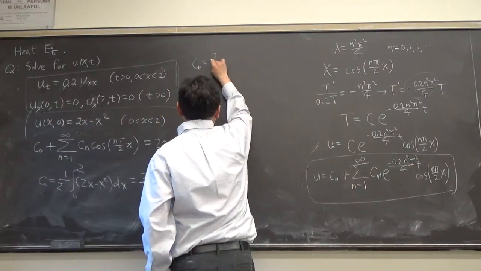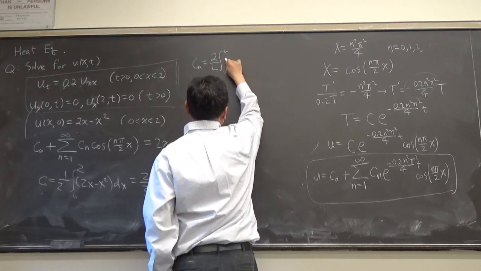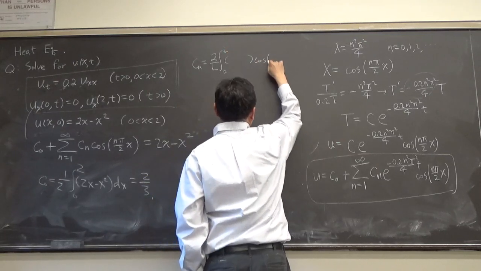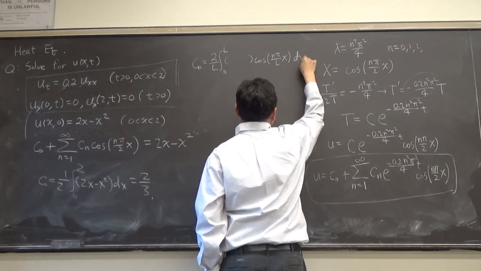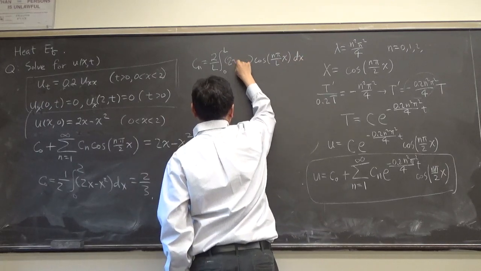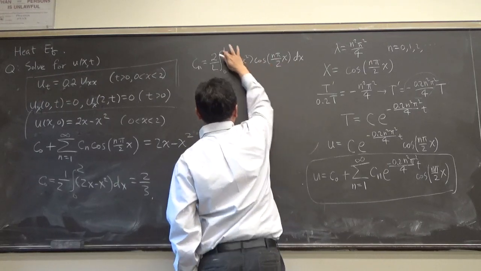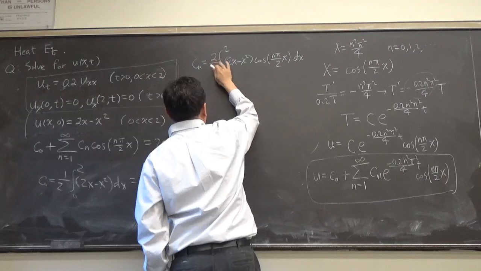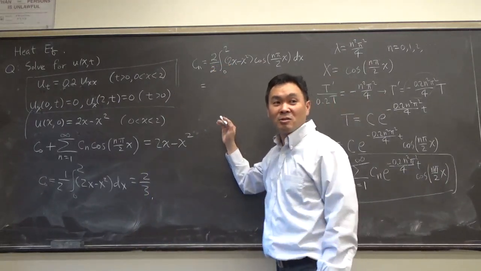And then how do you get cn? Well, that's 2 over L, integration from 0 to L of f of x times cosine of n pi over L x dx. And because our function is 2x minus x squared, we replace L by 2. We did this calculation also. I forgot the value. What was it?